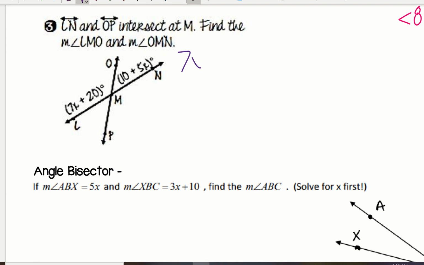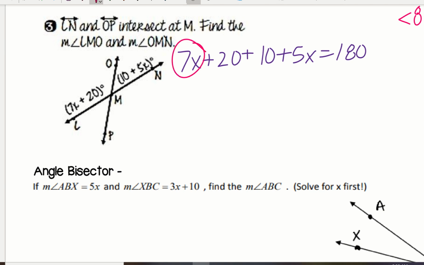Add them together and set them equal to 180. Equals 180. Okay, so my first step is combining like terms. When I combine like terms, Zaylee, what do I get? 12x plus 30 equals 180.